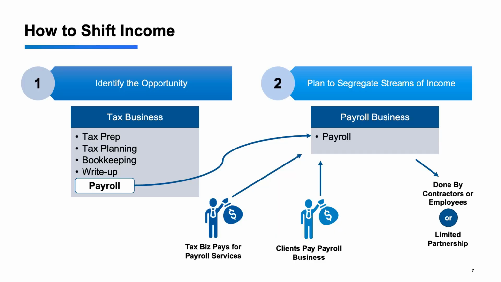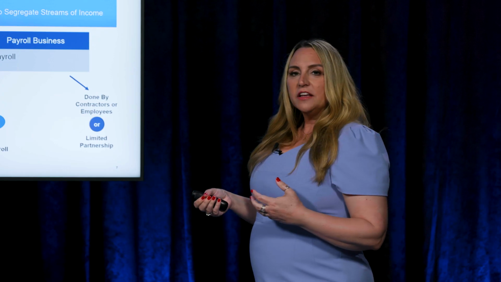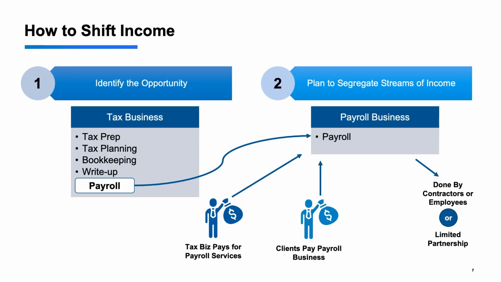Let's talk about how to shift income with an entity. What we're doing here is we start the process off by identifying that there is an opportunity. Number one, how much will tax be reduced if in fact I lower the income on this person's tax return? Second, do they have a business?